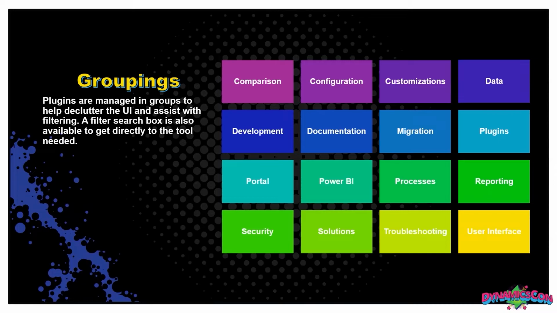Now, as you're noticing, a lot of these have overlap. And so a lot of the customization in your system is also going to be processes related or possibly security or solution related. So sometimes some of the groupings have a filter that's not unique for a tool, so a tool might find itself in more than one grouping.